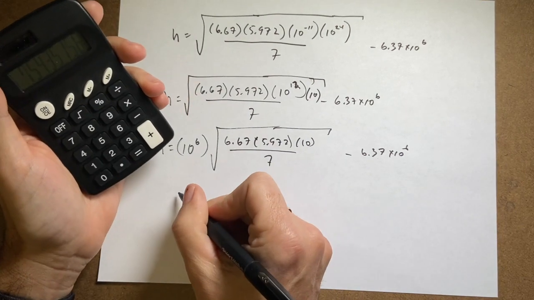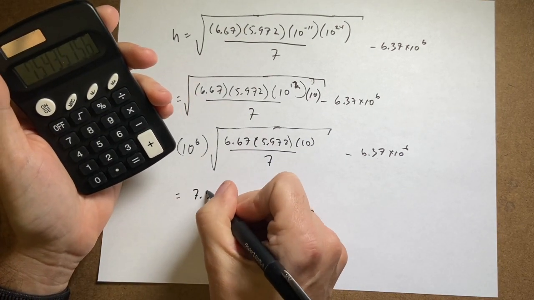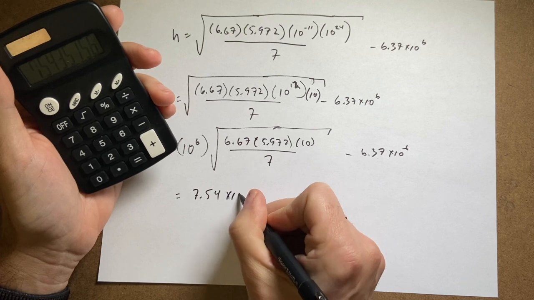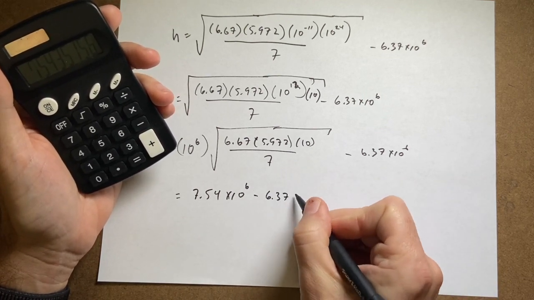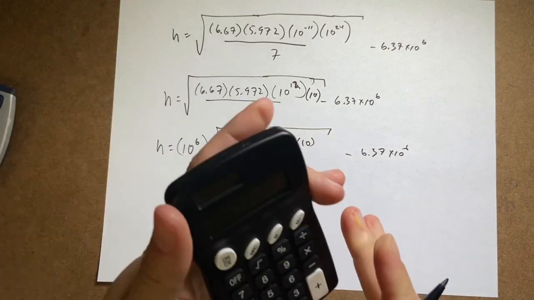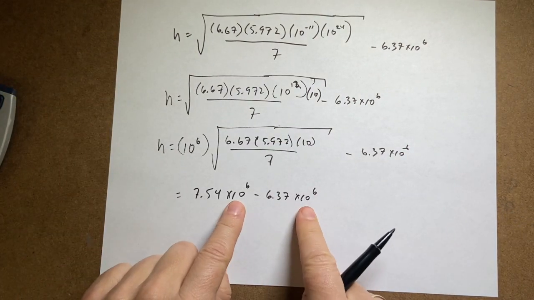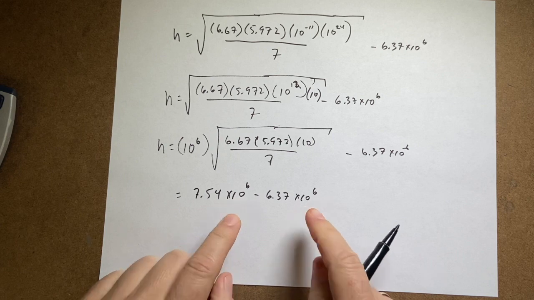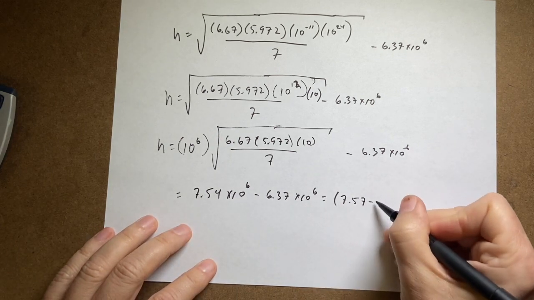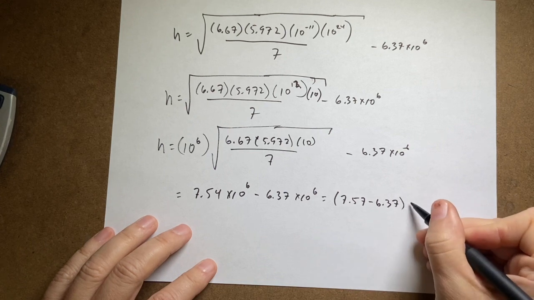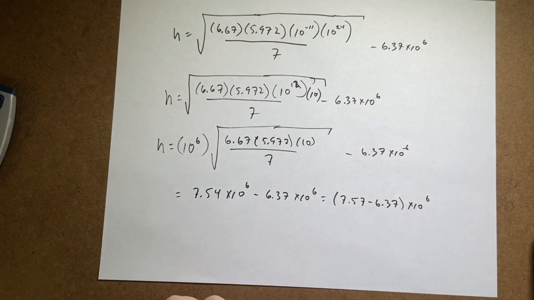So I'm going to write that as 7.54 times 10 to the 6th, and then I have minus 6.37 times 10 to the 6th. Now I've got to do a little bit more algebra, because both of these have 10 to the 6th, so I can factor that out. This is going to be 7.54 minus 6.37, all that times 10 to the 6th. Again, I can do that on my calculator.